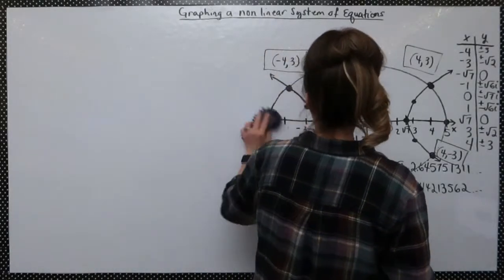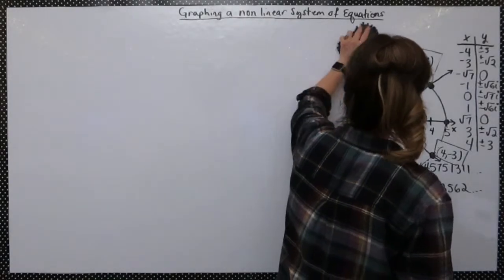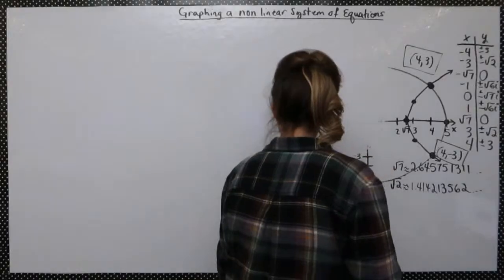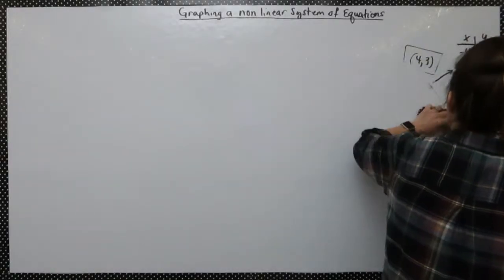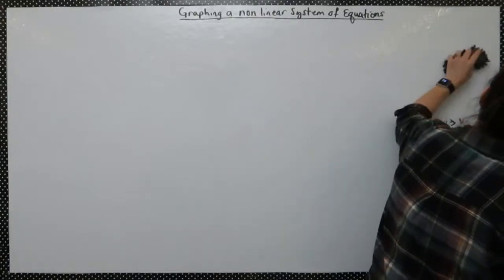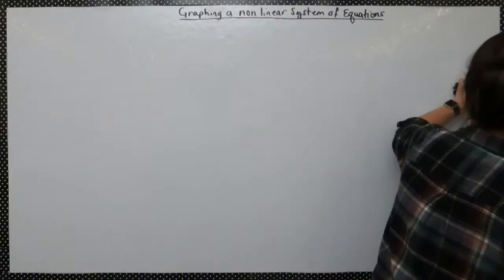I wouldn't even call them functions because they don't pass the vertical or horizontal line test, but they would be relations. And so the graphs of those equations are very similar when you're going to analyze them.